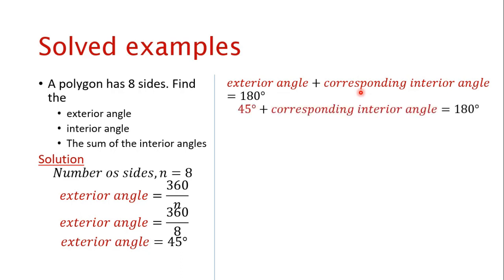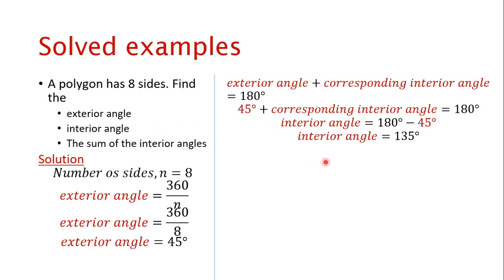So we replace our exterior angle with 45 degrees as we found here, plus corresponding interior angle equals 180 degrees. We make corresponding interior angle the subject, and then we have 180 degrees minus 45 degrees, and that gives us what? 135 degrees. So that's for the interior angle.